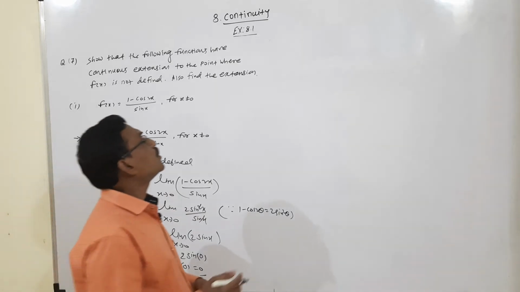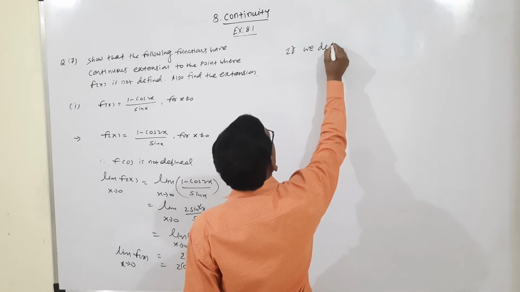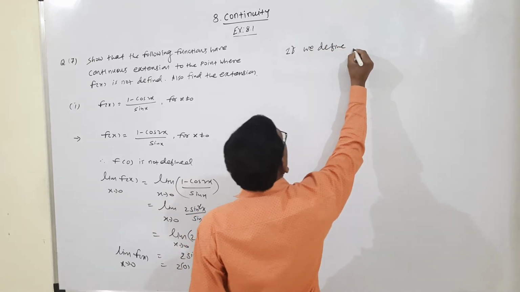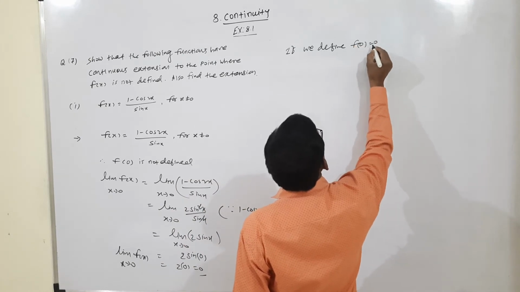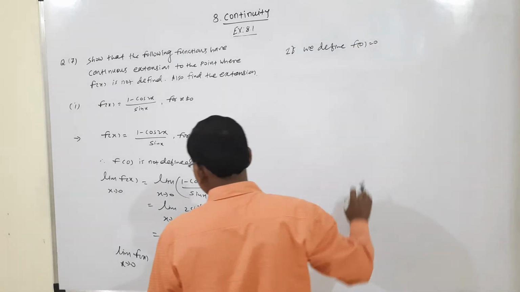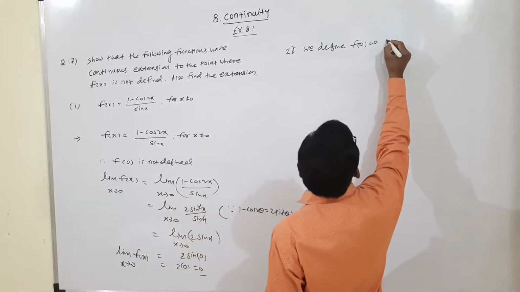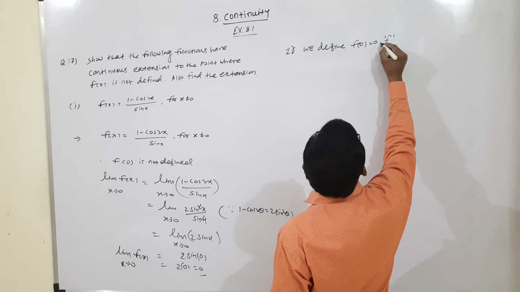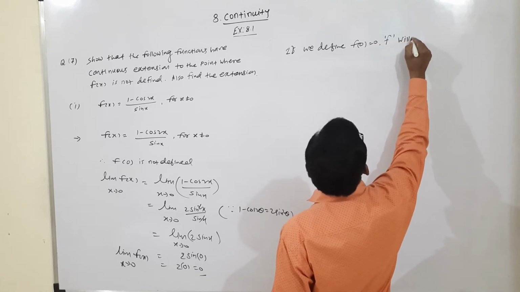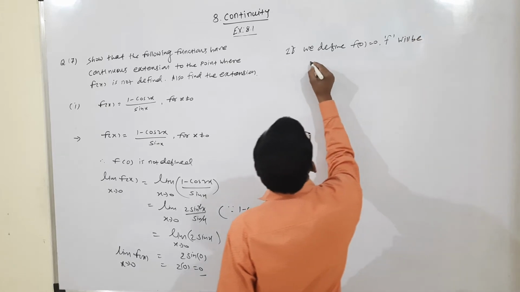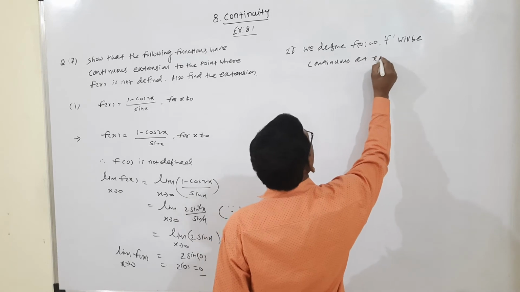And therefore, if we define f of 0 equal to 0, the value of the function at that point equal to 0, then the function f will be continuous at x equal to 0.